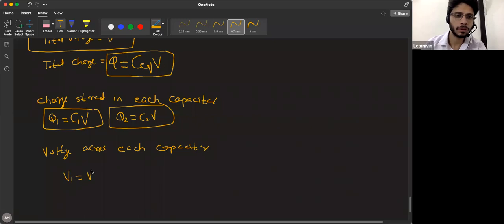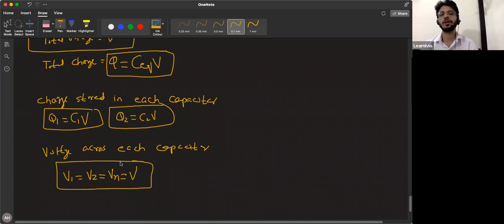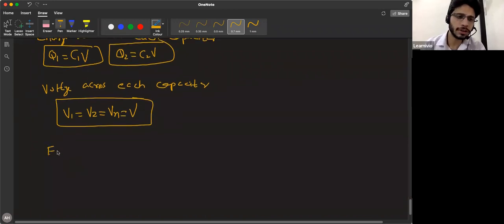V1 equal to V2 equal to Vn equal to V. Then you need energy stored in each capacitor.